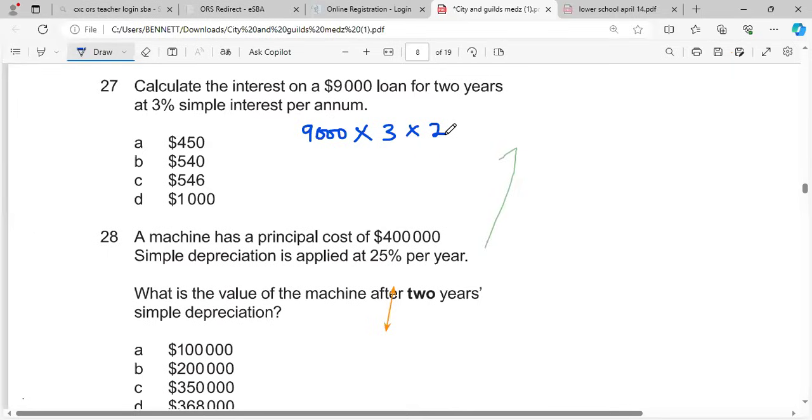So then afterwards you multiply everything. 9 times 3 is 27, times 2 is 54,000, and you have to put in the 2 decimal places because the 3% is out of 100, so you have the decimal place at the end, and you have to jump it 2 times because there are 2 zeros after the 1 in 100. Jump it to your right or to your left? To the left. 1, 2. So it's 540.